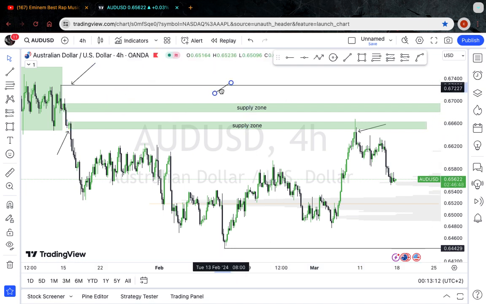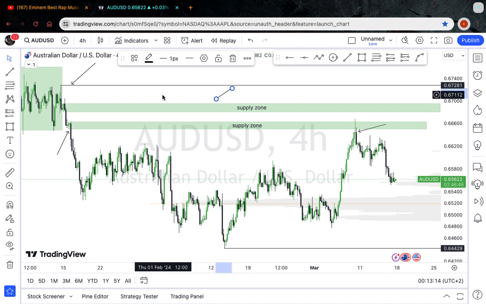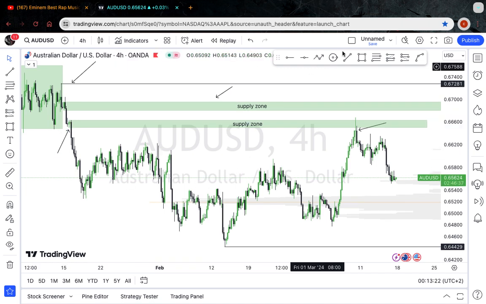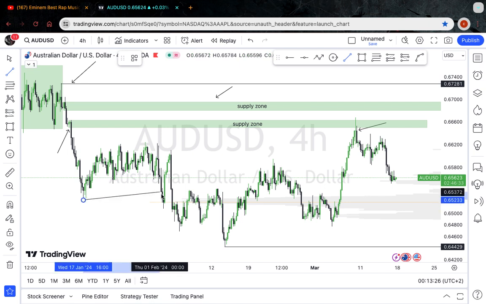So we have marked our high, our low, our supply zone, and then we got our second supply zone here. If you check now, we can definitely see that the market was breaking structures to the downside.